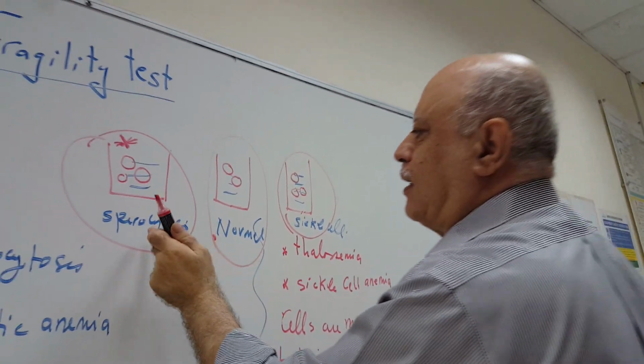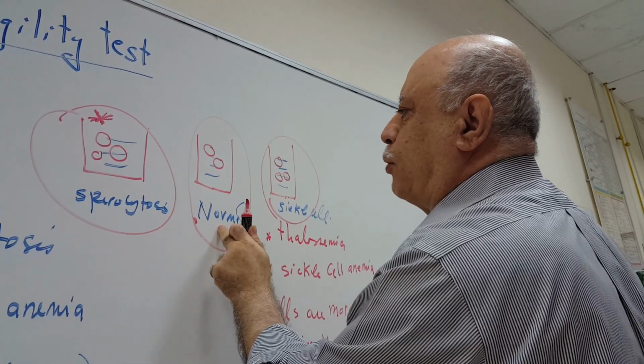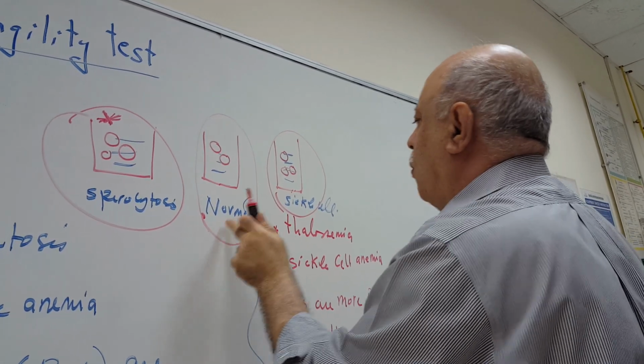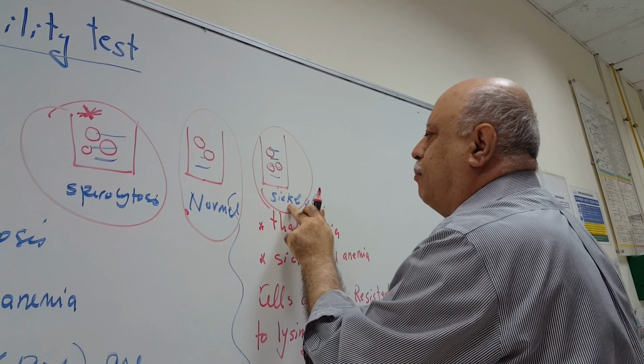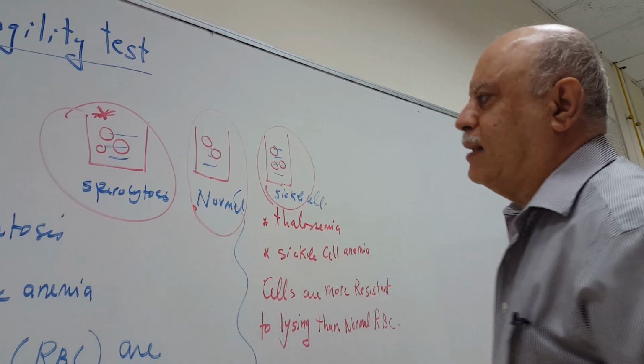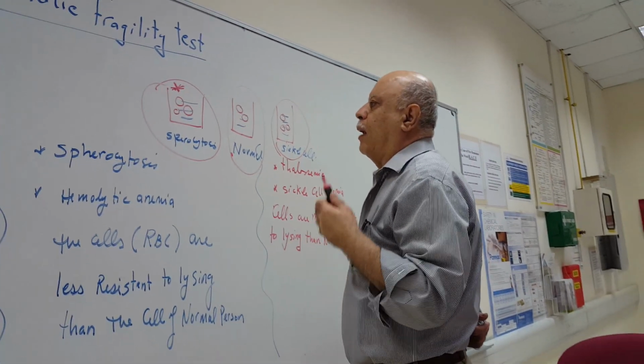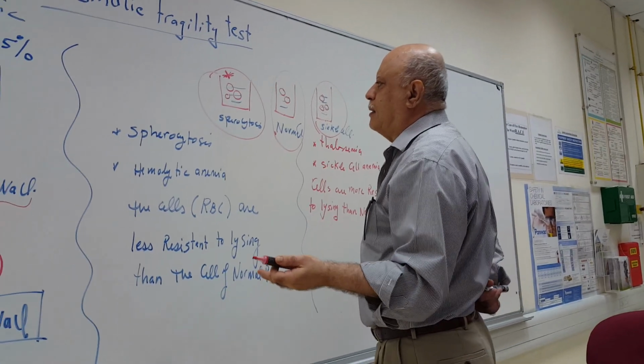So spherocytosis cells are less resistant to lysing in a hypotonic solution than normal cells, while sickle cells are more resistant than normal cells.